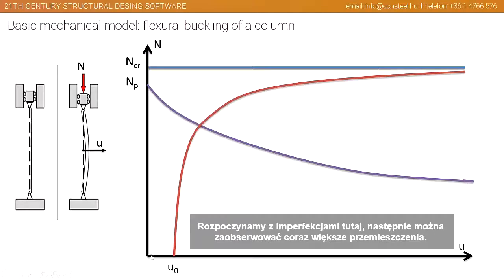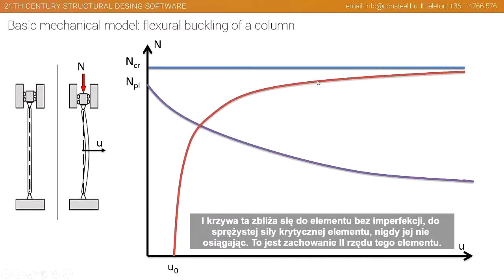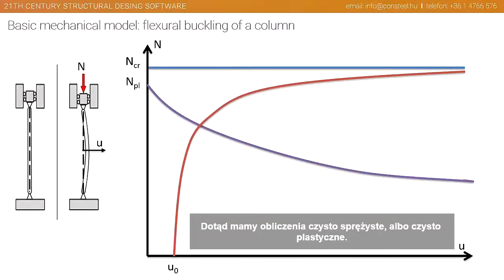So we start with the amplitude of imperfection here, and then larger and larger displacement can be observed, and this curve is approaching the perfect member, so the elastic critical load of the perfect member, never reaching that. So this is the second order behavior of that member. So up to now, this is purely elastic or purely plastic calculation.